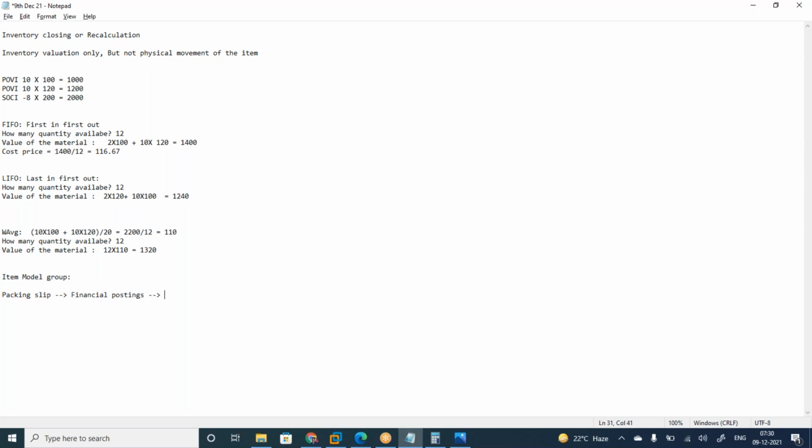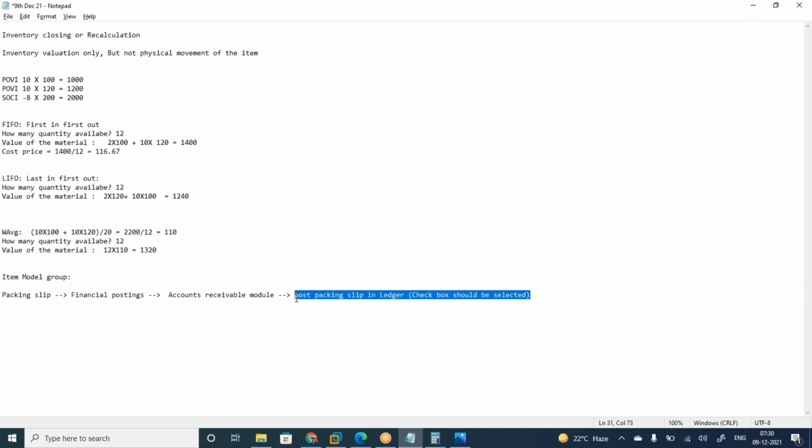then what are the preconditions? Means in the accounts receivable module, the post packing slip in ledger checkbox should be selected. Am I right? Do you remember this one? Any doubt in this?